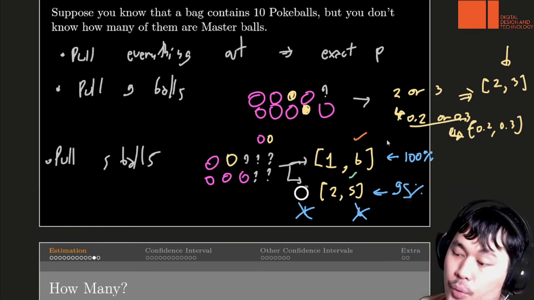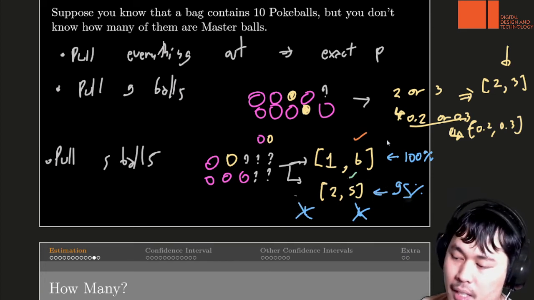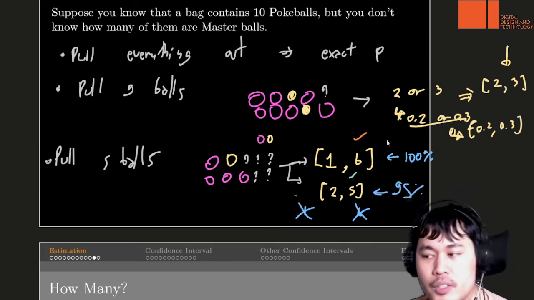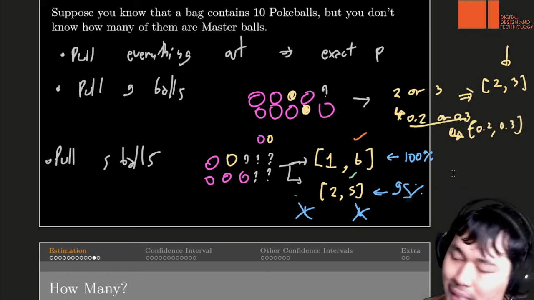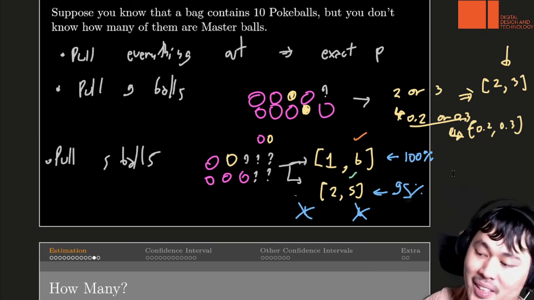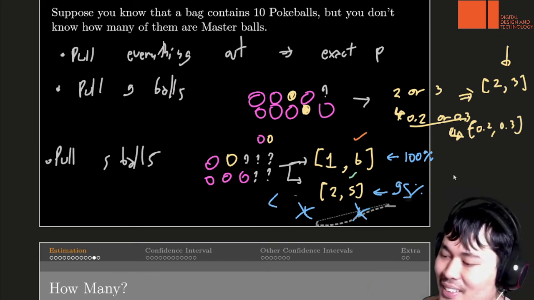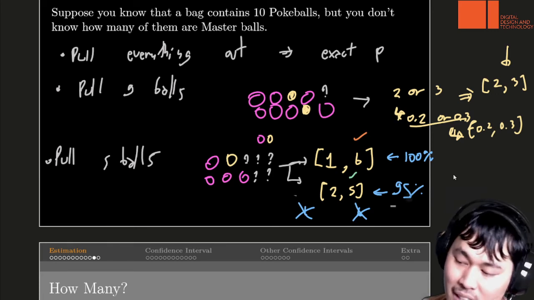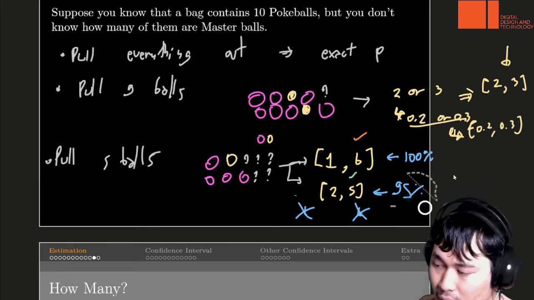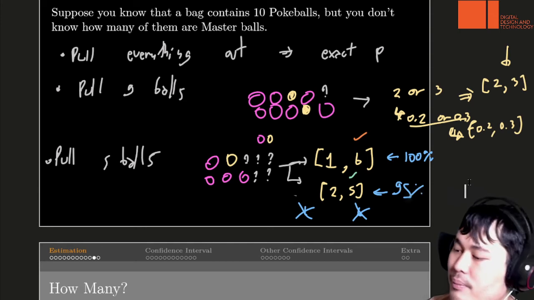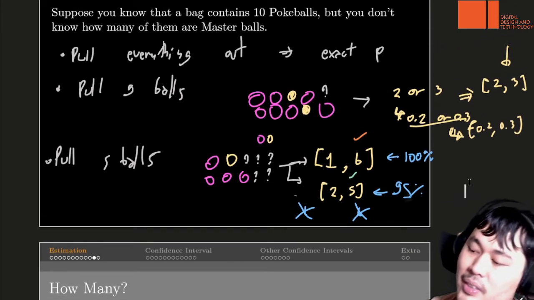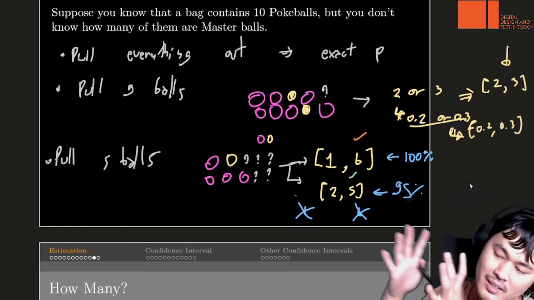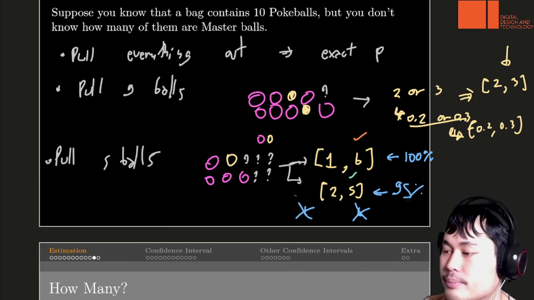Because we rule out some cases that seem unlikely to occur. But it's still a non-zero probability for those cases to occur, but we rule those out. And that's why the chances are not 100%. But the good news is that the intervals are smaller.